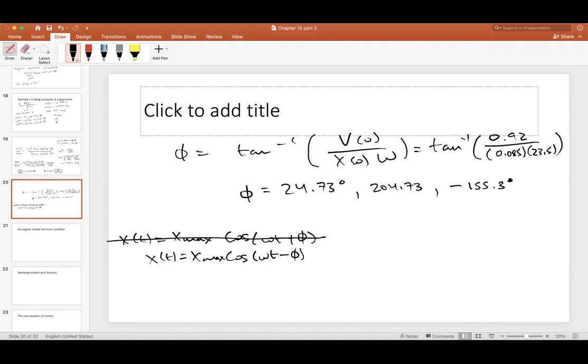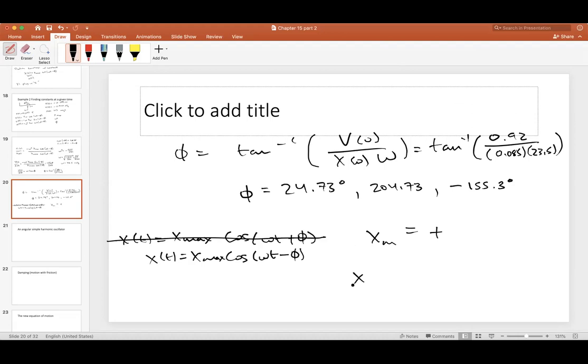It could be any of those angles because tangent is actually a multivalued function. So how do we figure out what angle it should actually be? Well, it turns out that we know that x max has to be positive, right?